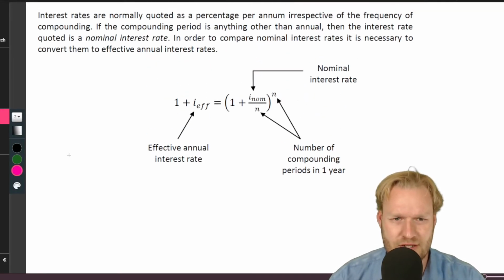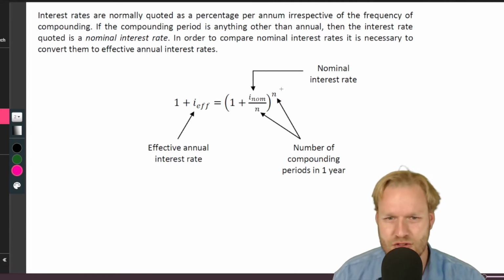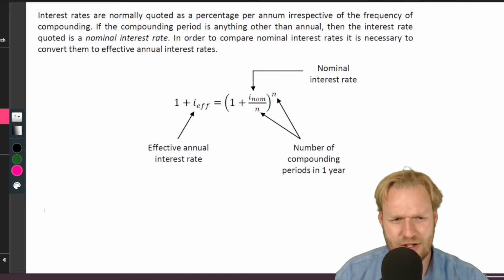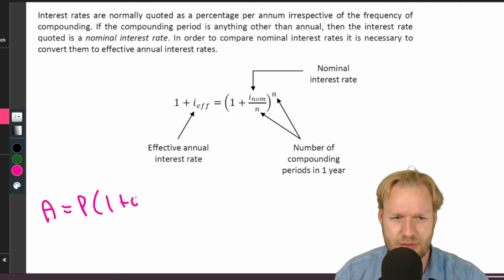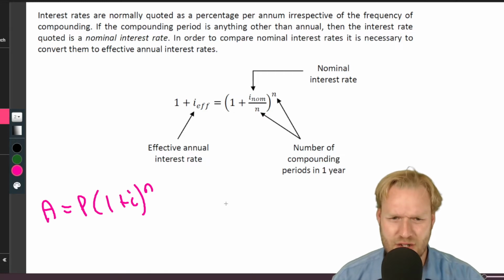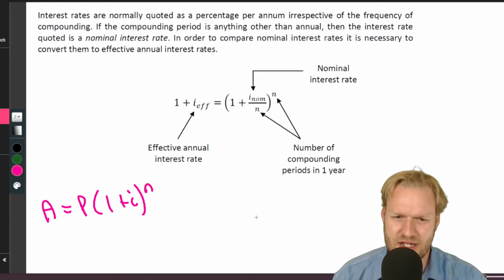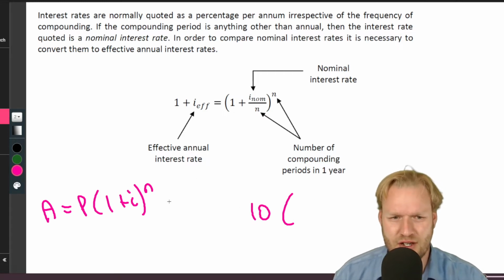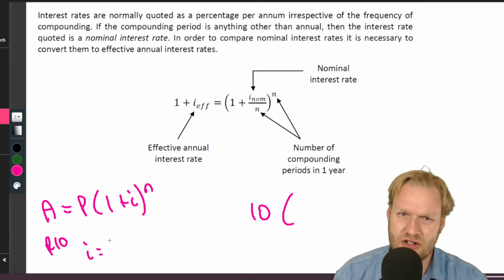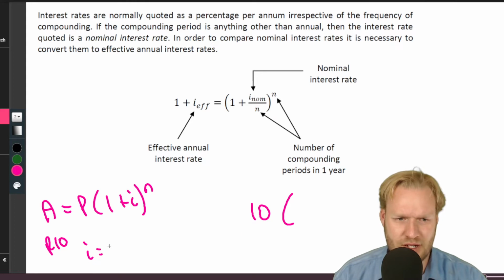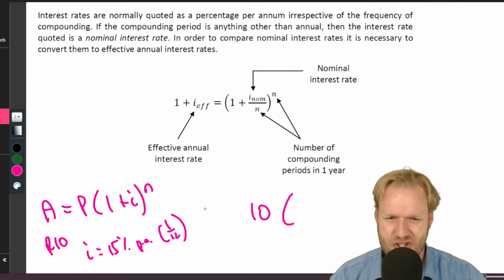Our formula here says 1 plus I effective is 1 plus I nominal over n, to the n. Now, a formula that we're quite comfortable with by now is A equals P times 1 plus I to the n. You use that quite often. If I invested, let's say, 10 Rand at an interest rate of, let's make it different, 15% per annum compounded monthly, so I'm going to write over 12 to show that monthly.